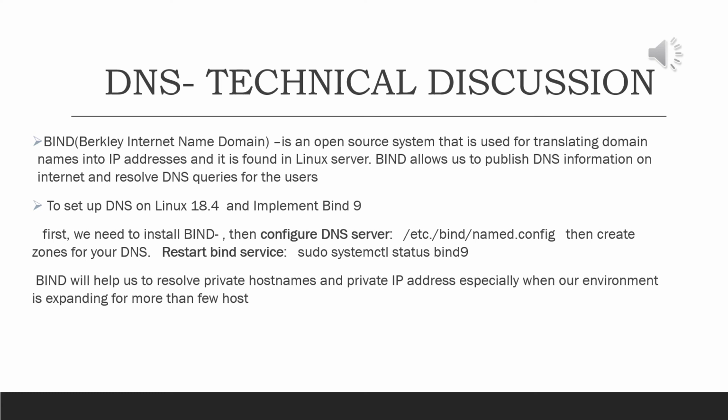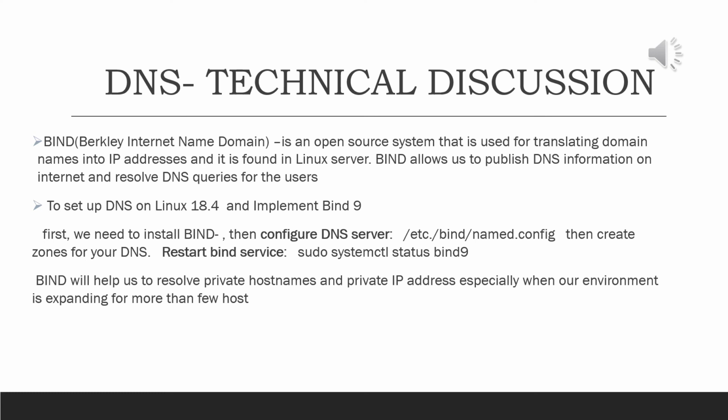Next, I'm going to discuss the DNS technical aspect, and I'm going to start with BIND, which stands for Berkeley Internet Name Domain. It's an open source system that is used for translating domain names into IP addresses and is found on Linux servers. BIND allows us to publish DNS information on the internet and resolve DNS queries for the users. To set up DNS on Linux 18.04 and implement BIND 9, first we need to install BIND, then configure the DNS server.